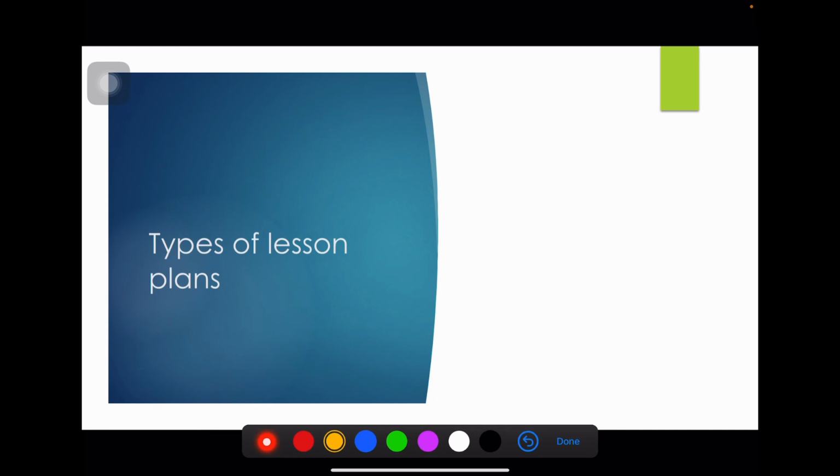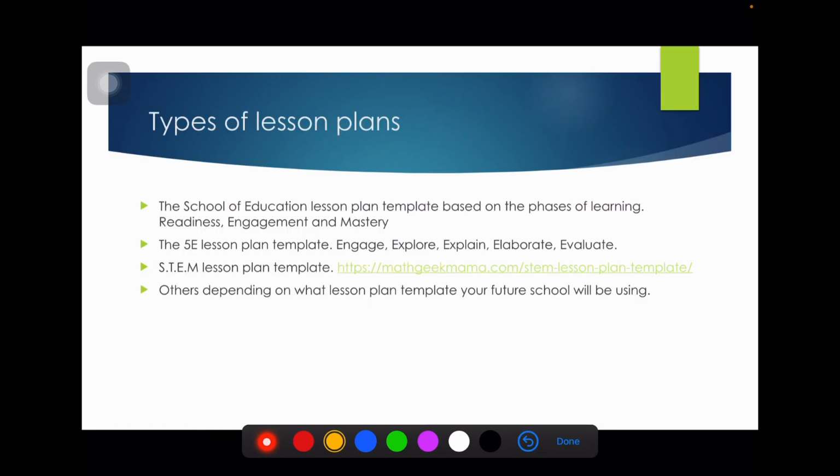Okay, so we have finished with the readiness, engagement, and mastery learning phases. So let's look at the types of lesson plans. We have several types that our students have used over the years. The first one is the School of Education's lesson plan template, which consists of the 3 phases of learning: readiness, engagement, and mastery.